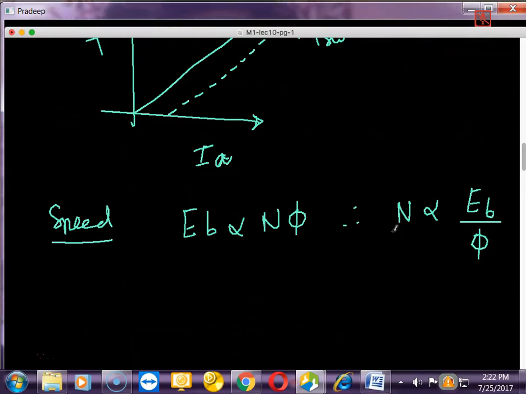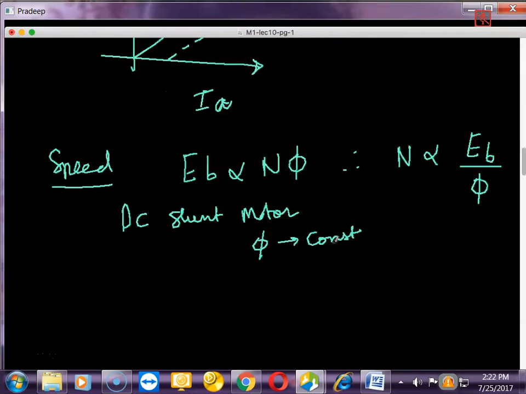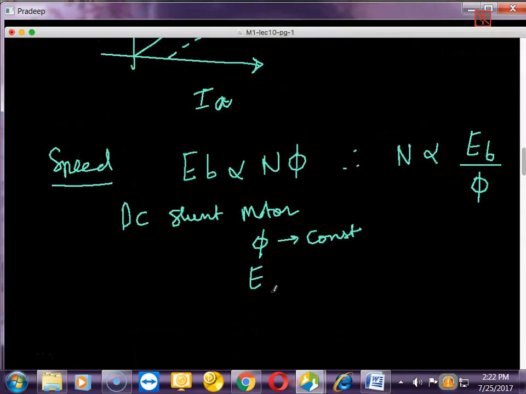Now, in the case of a DC shunt motor, flux is constant and EB slightly reduces with increase in IA.